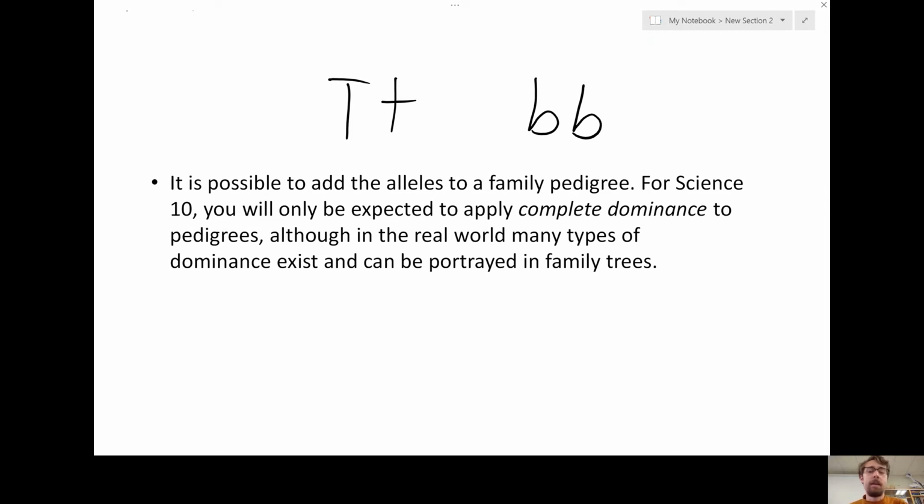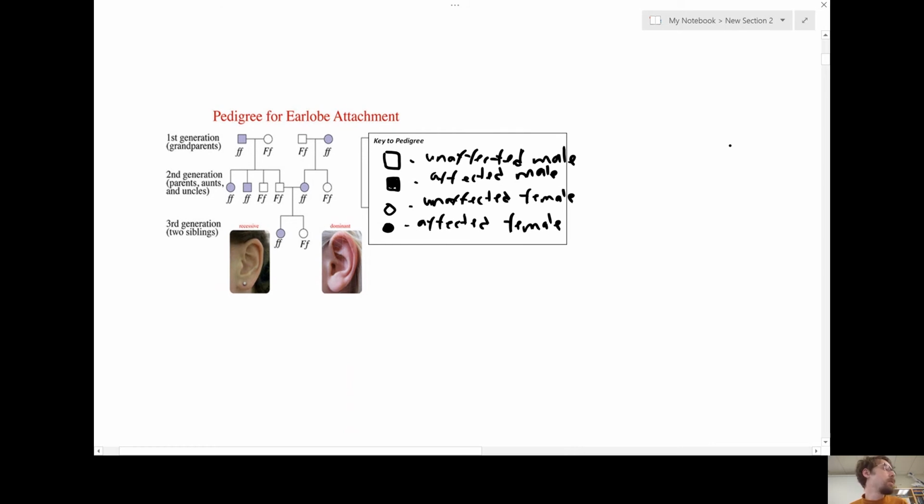On any potential quizzes, the alleles would deal only with complete dominance and not recessive traits or other types of dominance, which I'll talk about later in this video. With your family pedigrees, just double check that you did list alleles on there. Based on the traits in your family, you should be able to figure out who's who.